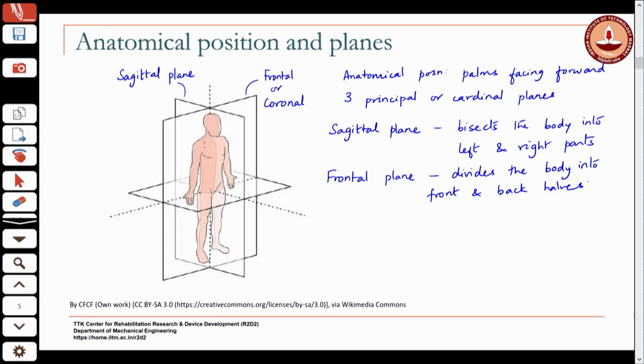And then the third, so these are perpendicular planes. The sagittal plane is perpendicular to the frontal plane, and the third plane is your transverse plane, which divides the body into top and bottom halves.